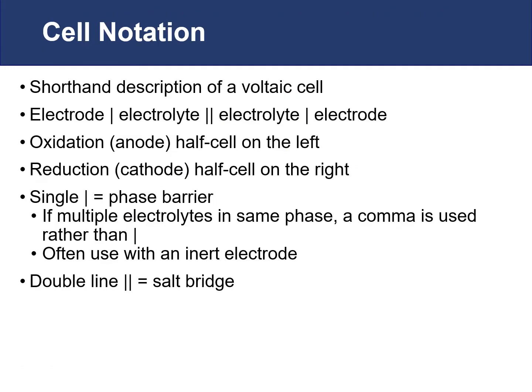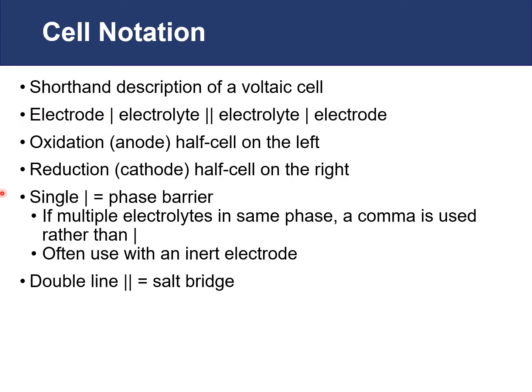Because it would be fairly inconvenient to have to draw out an electrochemical cell diagram any time you wanted to describe a voltaic cell, we have developed a shorthand cell notation for describing what each one of the different components are. The general format is you have your electrode followed by a vertical bar.